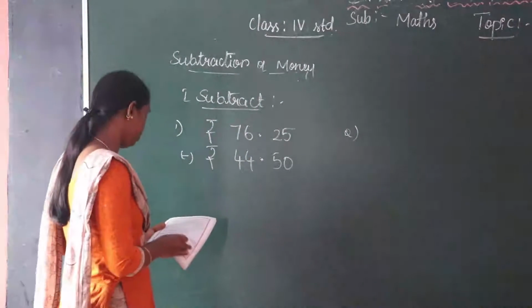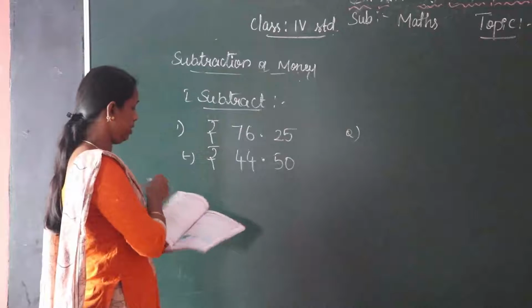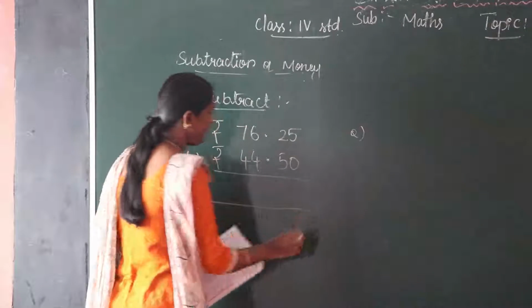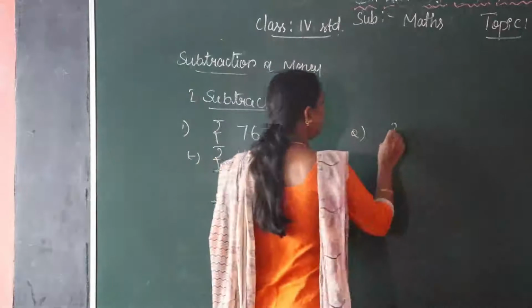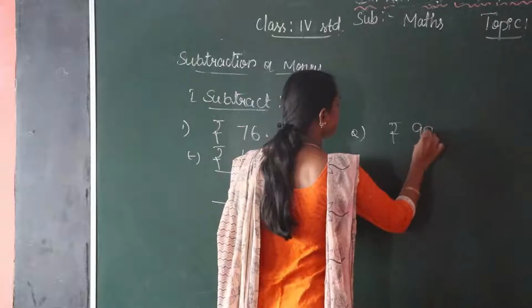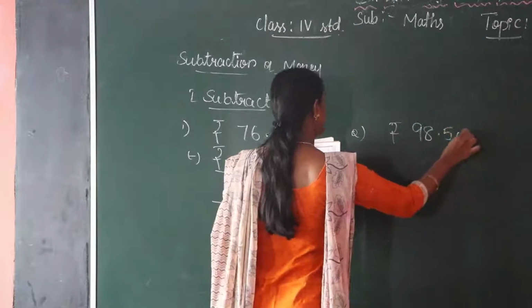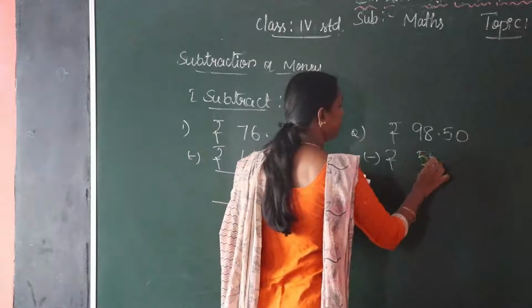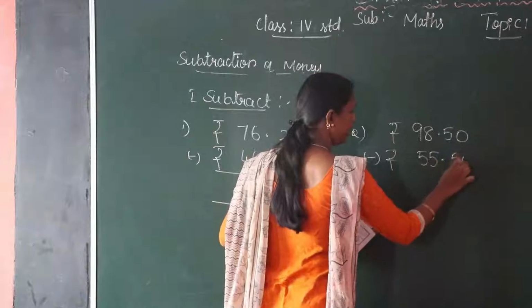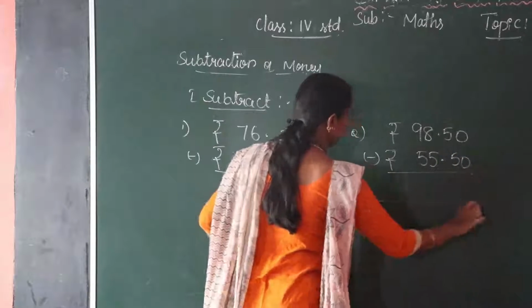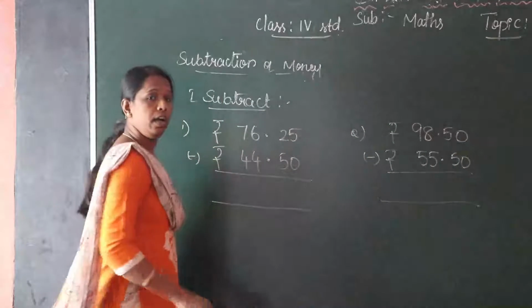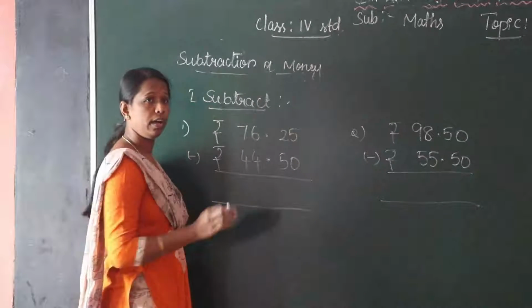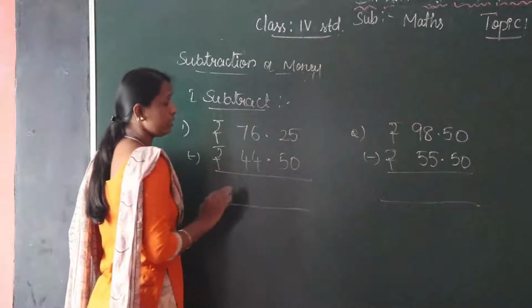So now we have to do the subtraction. I will write one more sum also: rupees 98.50 paisa minus rupees 55.50 paisa. Do the subtraction. Write in your rough book and solve these sums.